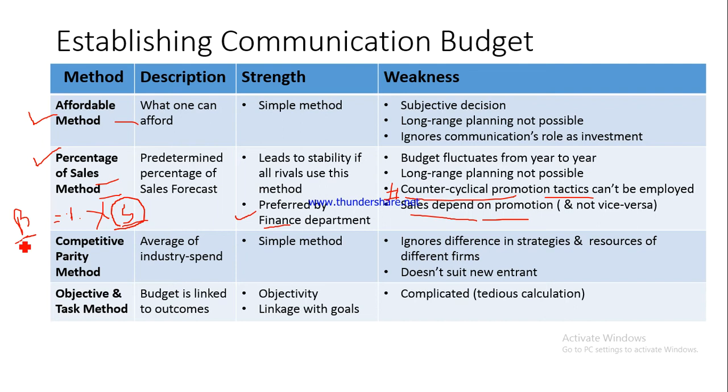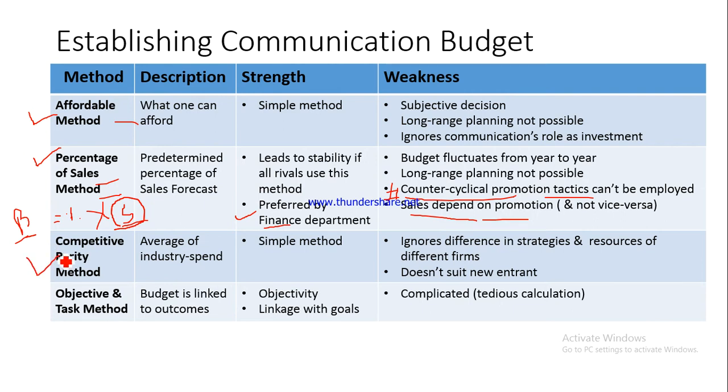The more you spend on your communication campaign, it is likely that it will result in more sales, right? So it actually does not do this. It uses the exact opposite approach, right?